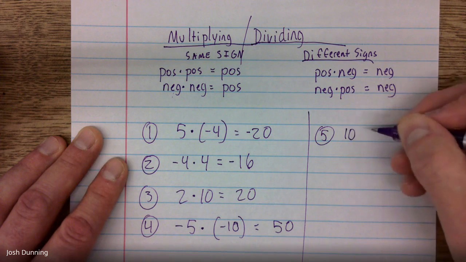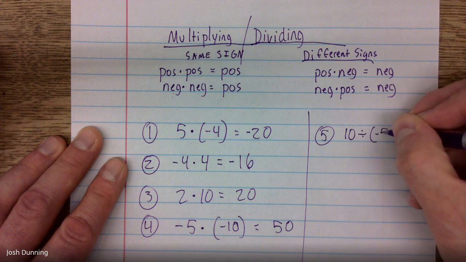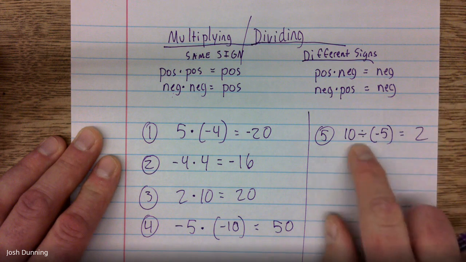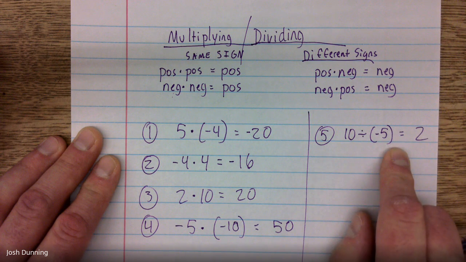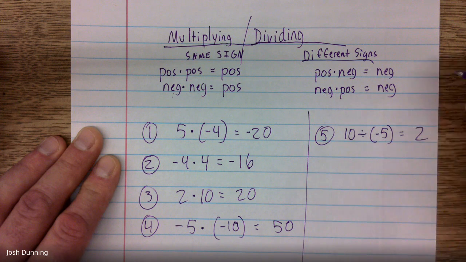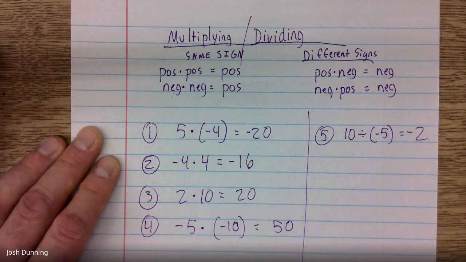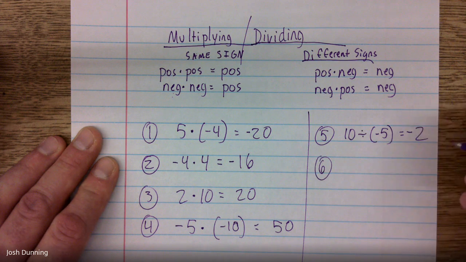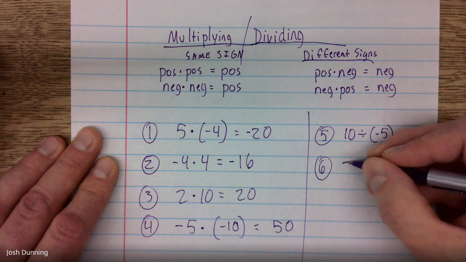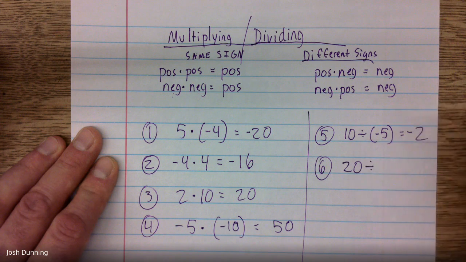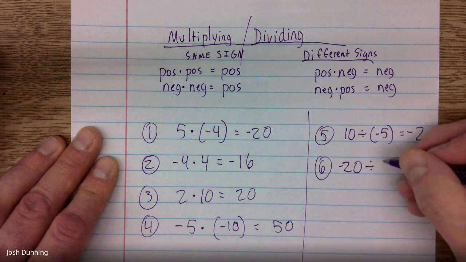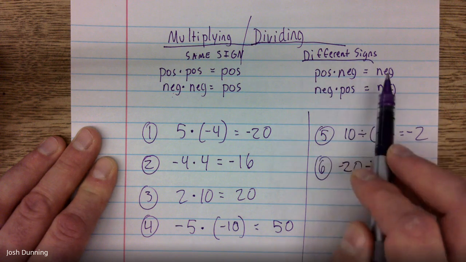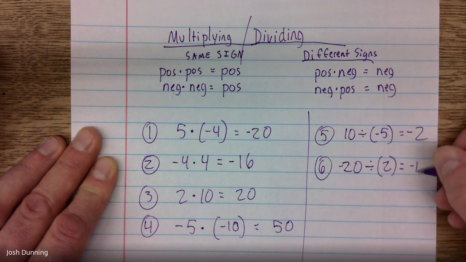If I have, say, 10 divided by -5, 10 divided by 5 is 2. We have different signs here, so we get negative. If I have, let's say, -20 divided by 2, a negative and a positive, different signs, we're going to get a negative.